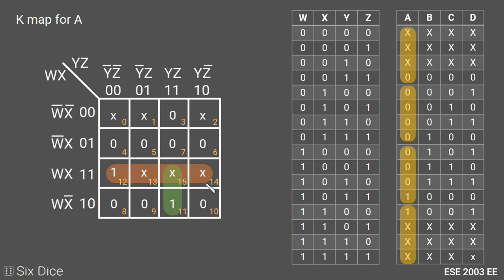The orange quad will be minimized as WX because it covers the third row completely. The pair will be minimized as WYZ, because it has YZ common in the third column and W common in the third and fourth rows.